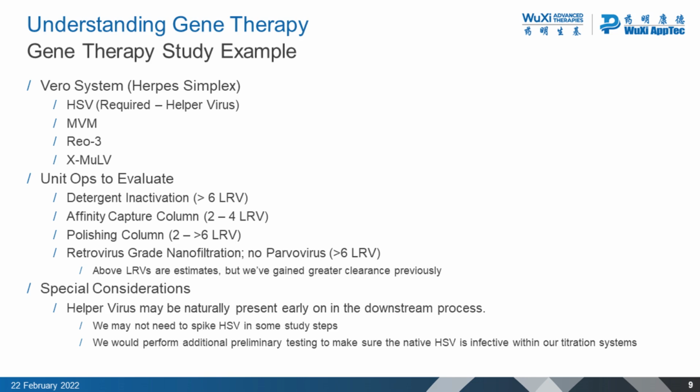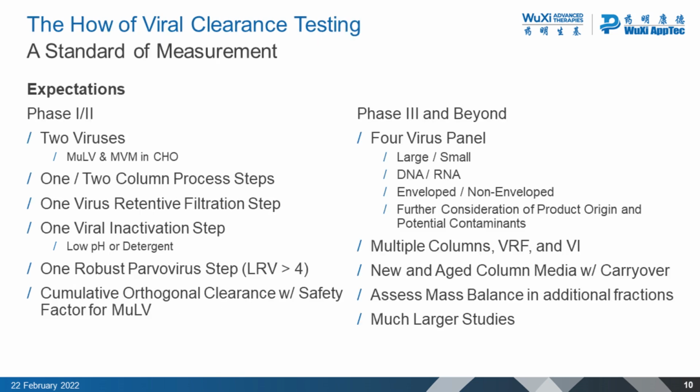What we would do is a preliminary titer during our toxicity interference testing to determine if we do need to add in any HSV to the process step, or if we can use the virus that is native to the sample to determine your inactivation or removal log reduction value. So that is something that we would build into the client protocol when we develop the study process with our clients.